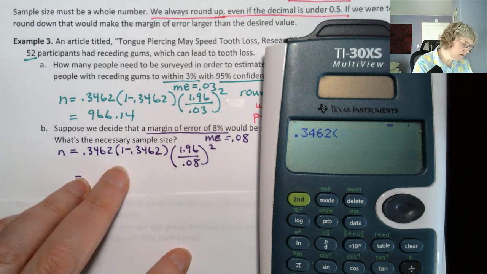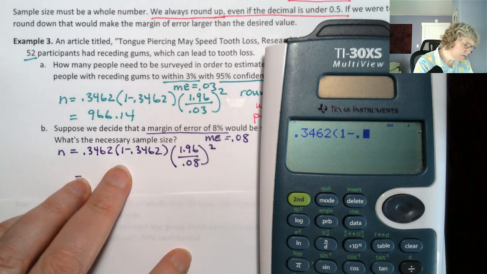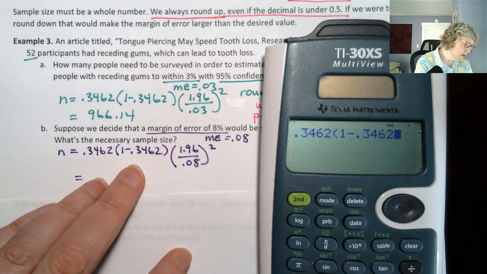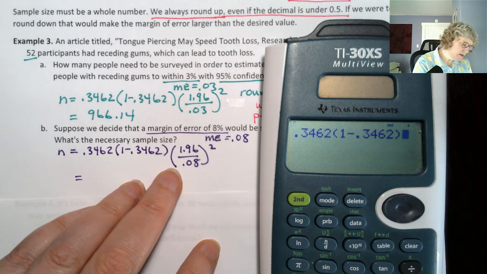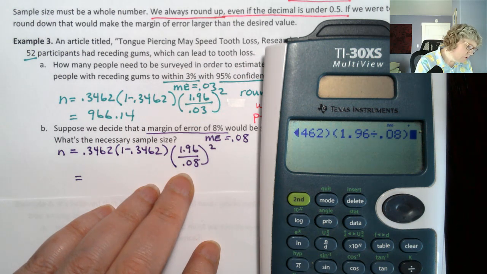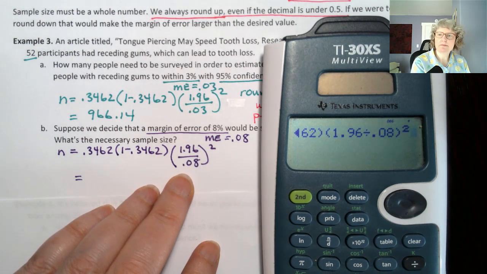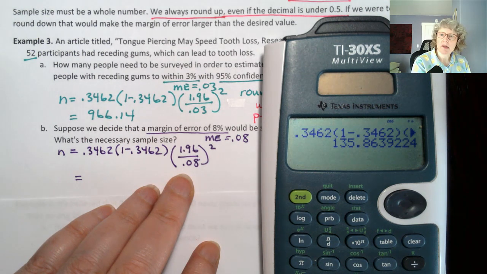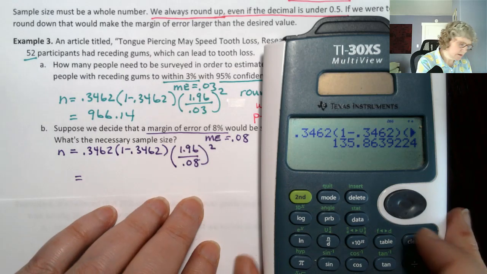0.3462 parentheses 1 minus 0.3462, close those parentheses, and then open parenthesis 1.96 divided by 0.08, close, square, and enter. 135.86.